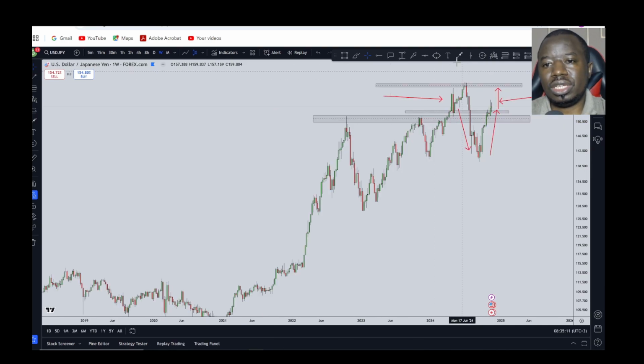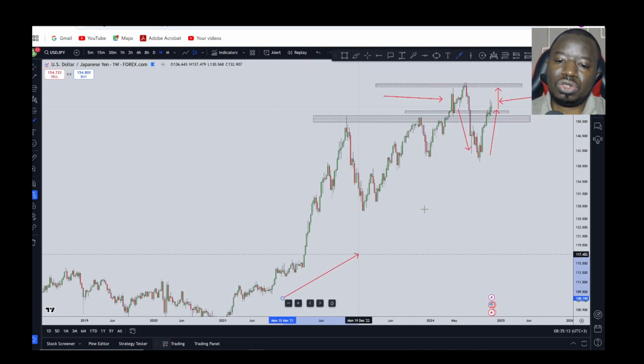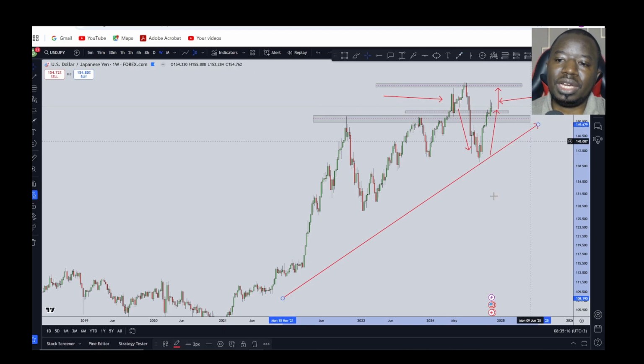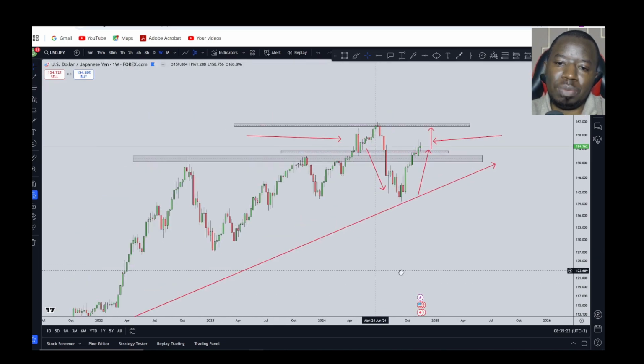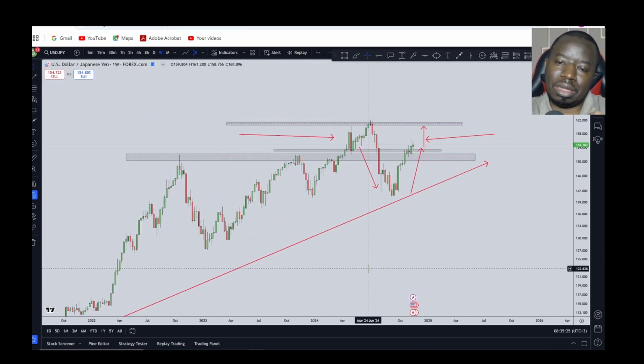You can also see clearly that price is trending to the upside, and so the structure of the market is really strongly bullish as far as the weekly perspective is concerned. So the monthly perspective is bullish, the weekly perspective is bullish. We're going to drop down to the daily time frame to see what perspective we get from it.